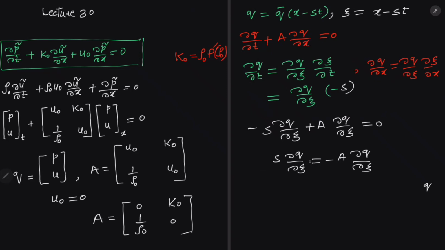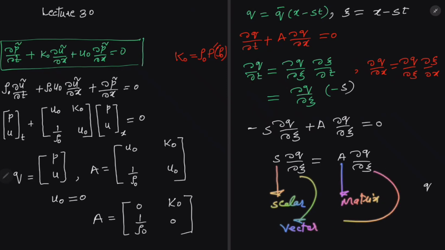So we just cancel the minus sign, and you can see that this is a famous linear algebraic form. Here s is a scalar, A is a matrix, partial q by partial xi is a vector, and the same is true on the right hand side.